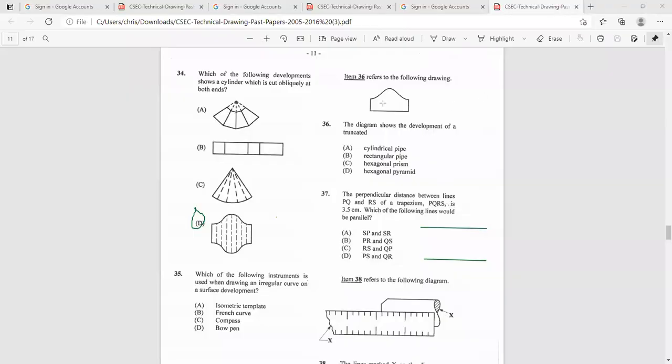A trapezium has two parallel sides, something like this, or something like this.